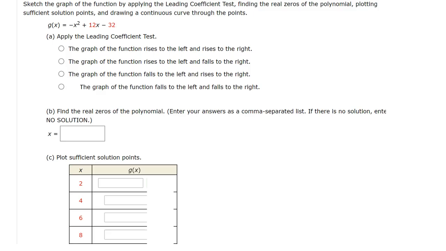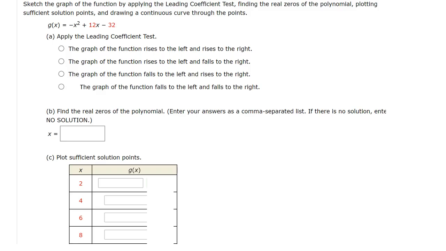The leading coefficient test says that the leading coefficient of a polynomial can tell us the end behavior of a graph. But we also need to know another piece of information. The leading coefficient is related to the degree of the polynomial.